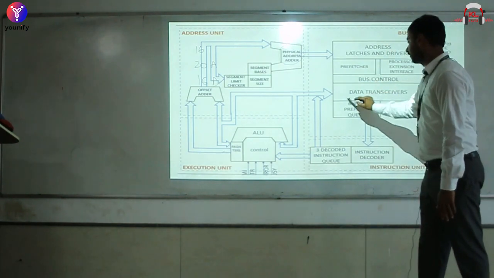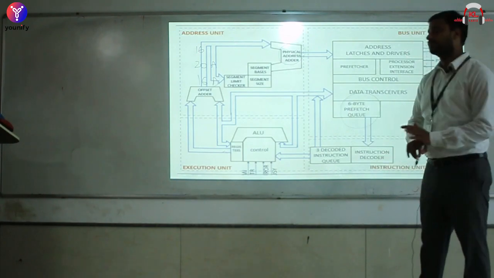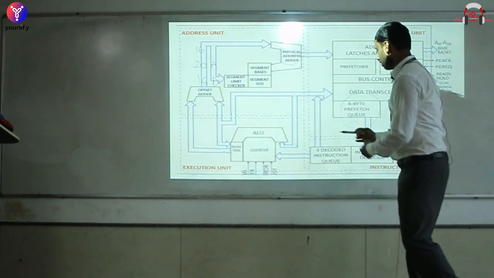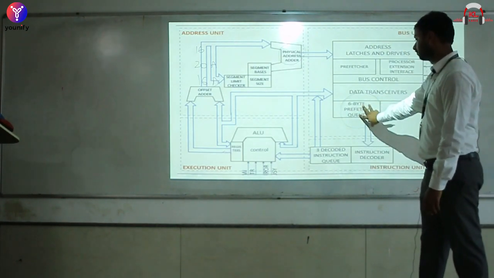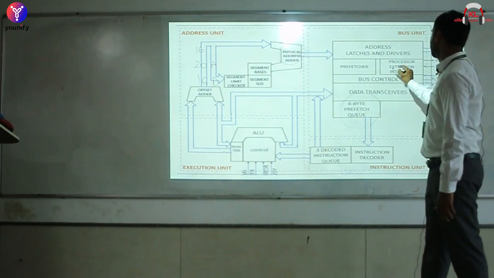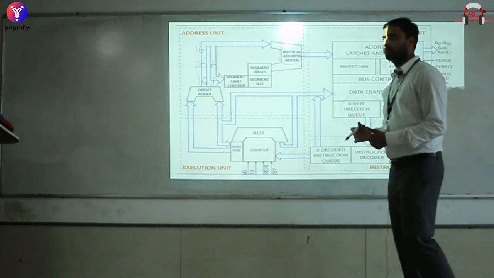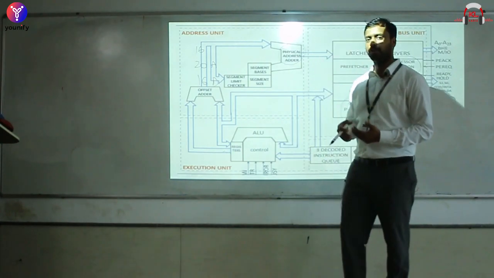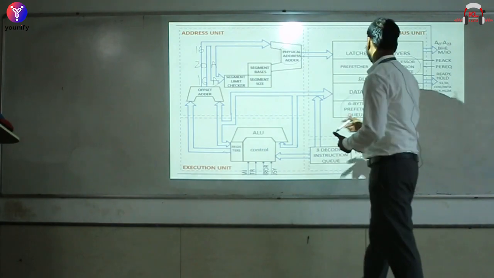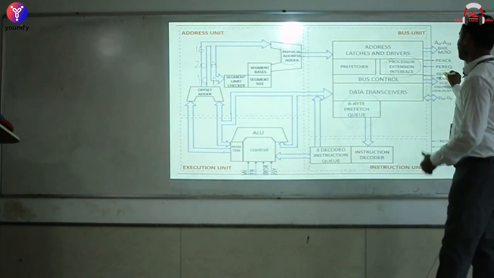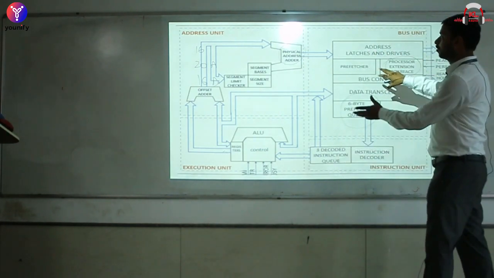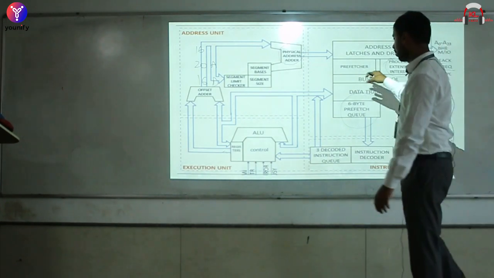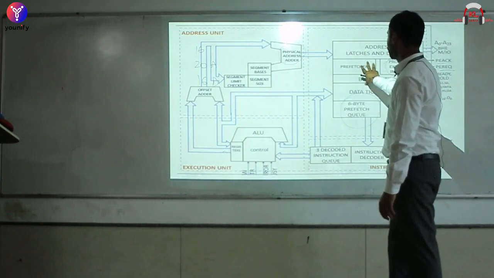The important thing that we need to know is the 6-byte prefetch queue, where the fetched part will be stored in a 6-byte queue. And the processor extension interface is where you can add maybe a math processor or a floating point unit as a co-processor system. So acknowledge and request, and this is where you go out and get the address, data or instructions.